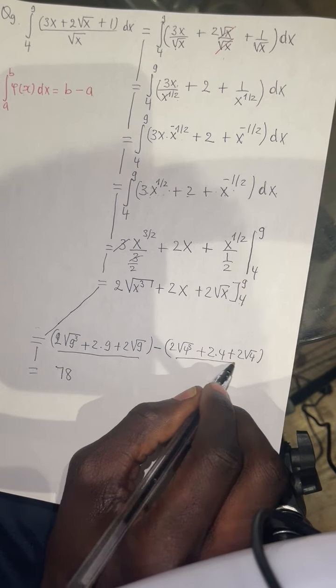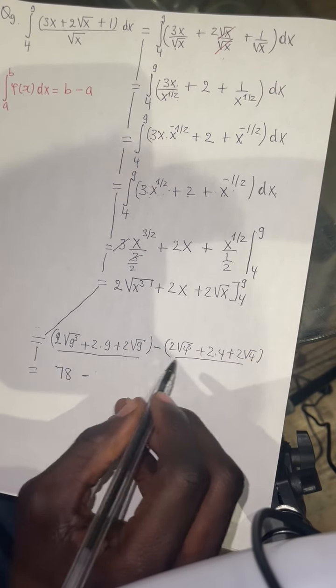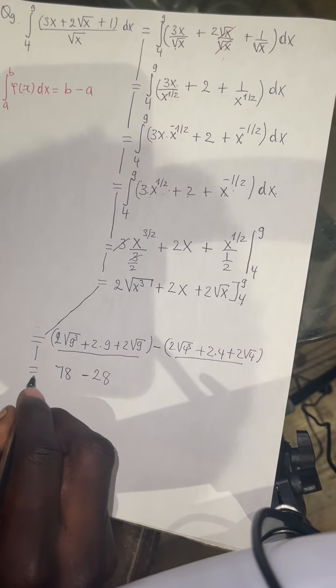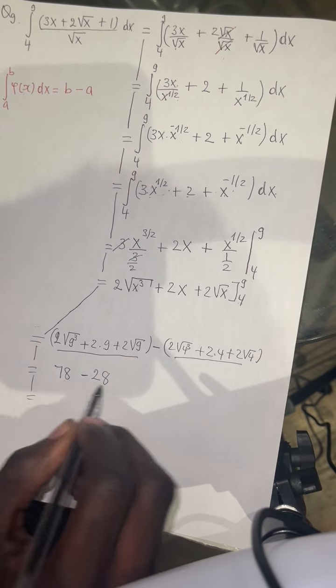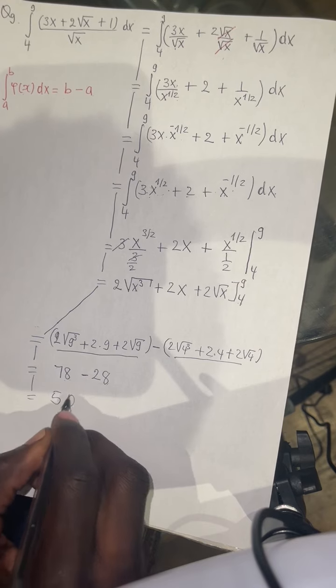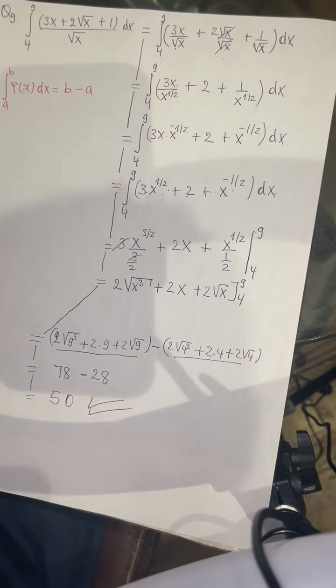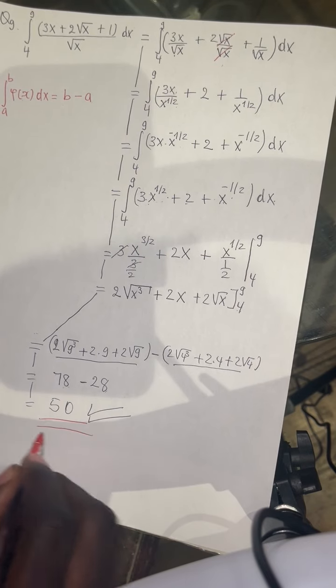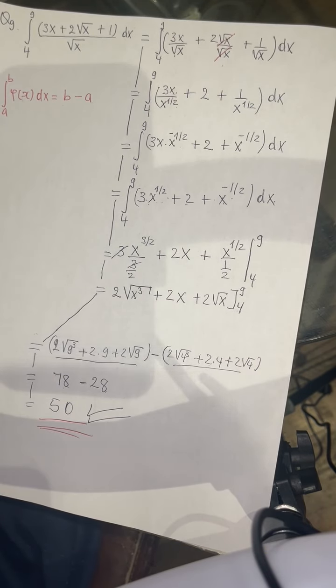And if you take the other part in your calculator, you have to find 28. But there is a negative there, so it's negative 28. And if you do the difference between those numbers, you must have 50. So this is how you have to solve this integration. So I believe everyone is clear now. You understand well enough how you can do the integration.